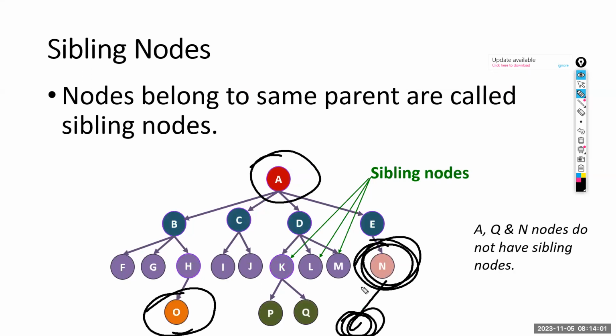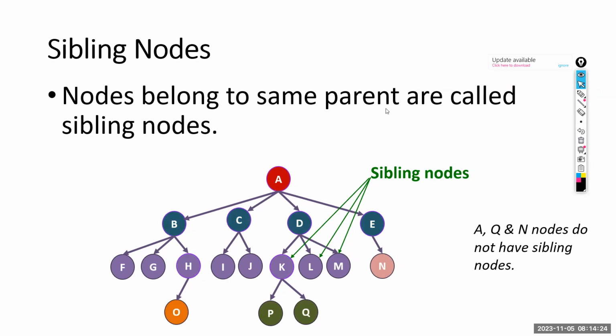This one also doesn't have a sibling. You can see even internal nodes may not have siblings. Sibling means your parent has more than one child. So that is called sibling nodes.